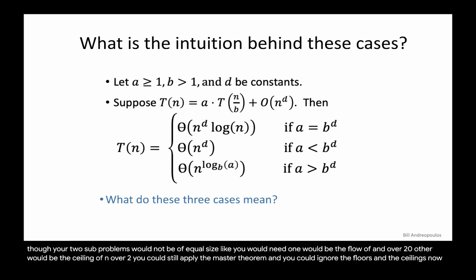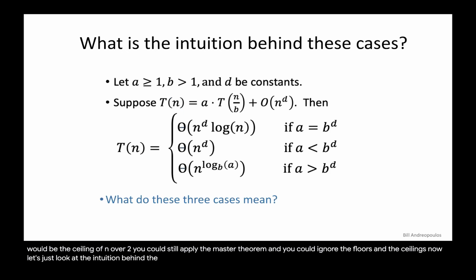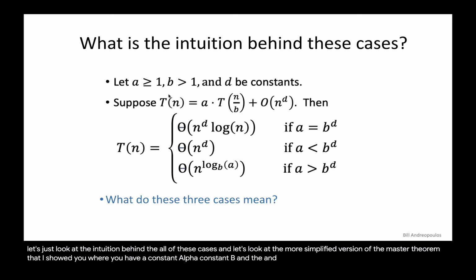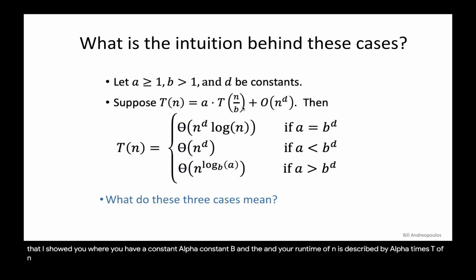Now let's just look at the intuition behind all of these cases, and let's look at the more simplified version of the master theorem that I showed you, where you have a constant alpha, constant b, and d, and your runtime of n is described by alpha times T of n divided by b plus big O of n to the power of d.